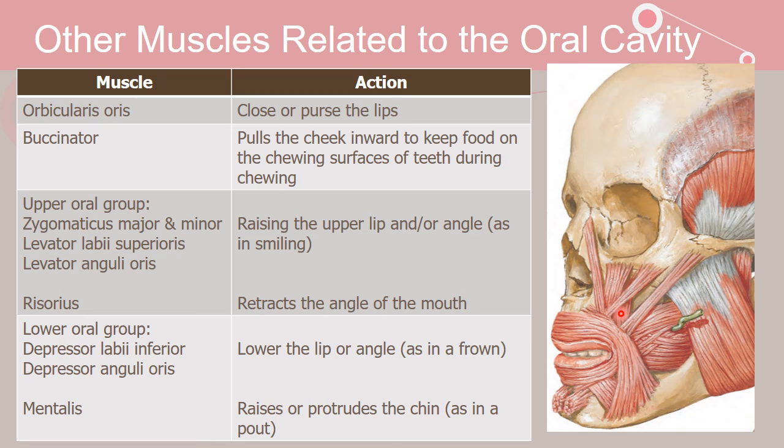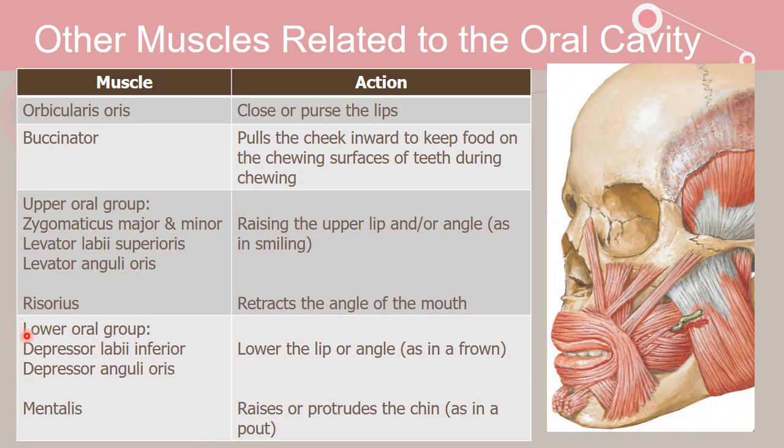These four muscles are responsible for raising the upper lip and or the angle of the lip, as in smiling. The risorius, which is not shown here in the image but is directed this way as well and is found lateral to the buccinator muscle, is responsible for the retraction of the angle of the mouth.